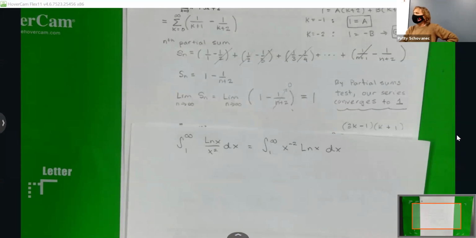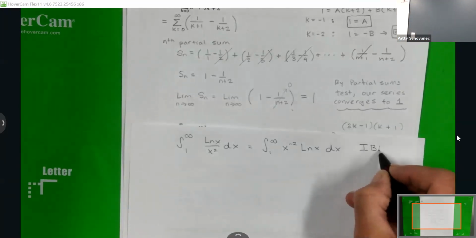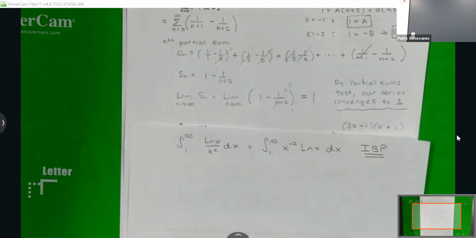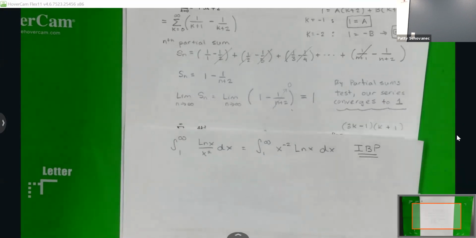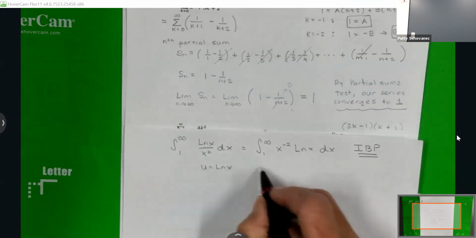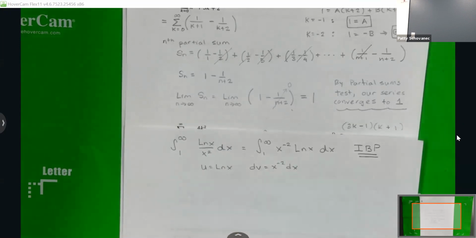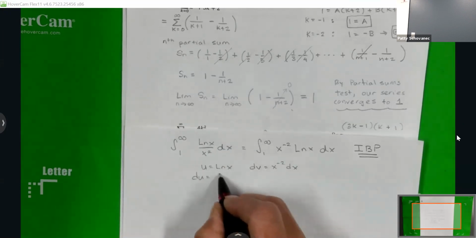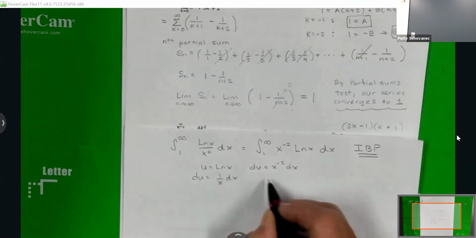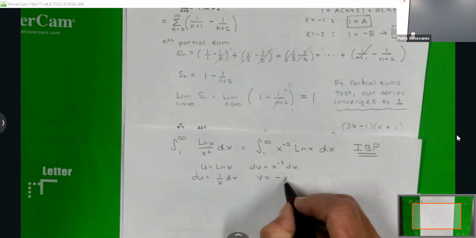UDV. When you have a logarithm and a polynomial term, you integrate by parts. And in integration by parts, we've got to take u to be the natural log of x and dv to be everything else. So that du is 1 over x, and v is the integral of that. Add 1 to the power and divide by the new power, and you get minus x to the minus 1.